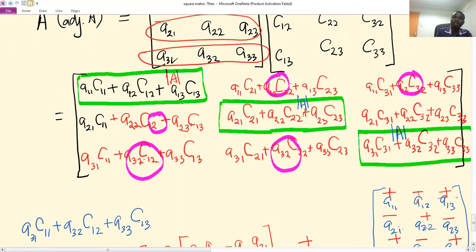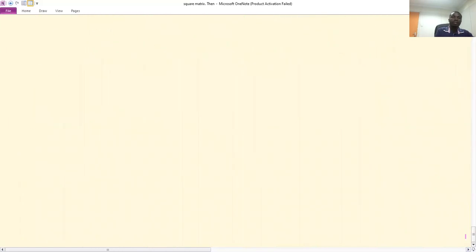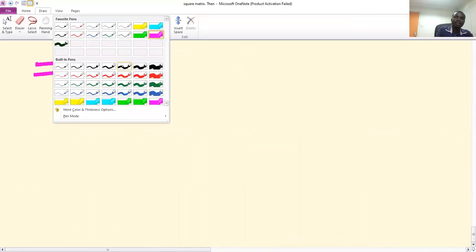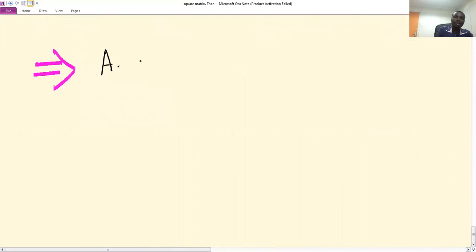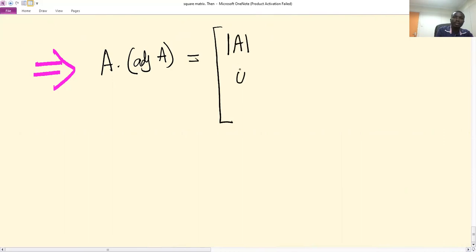And these elements along the main diagonal form the determinant of A. So this implies that the product of A and adjoint of A is the same as the matrix formed by, this is the determinant of A, this is 0, this is 0, 0, determinant of A, 0, 0, 0, determinant of A.